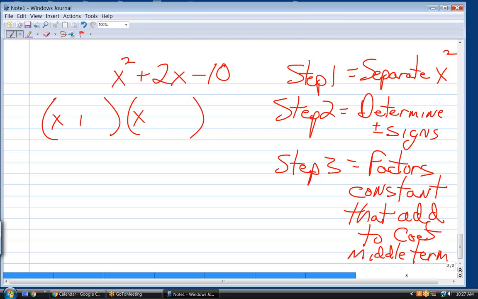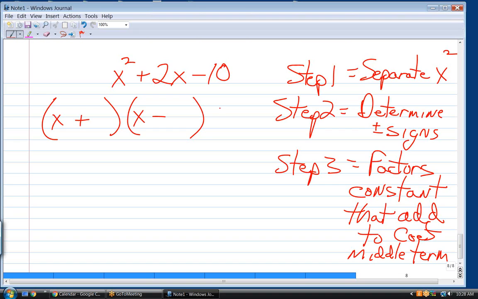They have to be opposite. One has to be minus, one has to be plus. So if it's positive, they're going to be positive. But if they're minus, one has to be minus and one has to be plus, right? Almost. If it's positive, they could both be negative. We'll get to one like that. You'll see. But first of all, let's handle this situation. Okay, so we got steps 1 and 2 done.